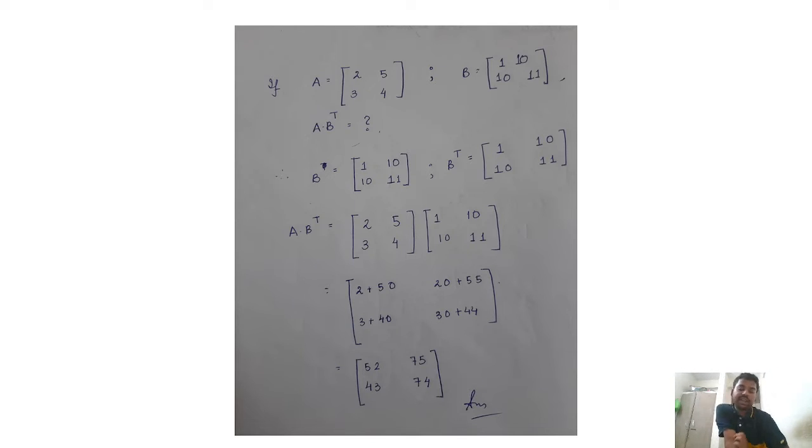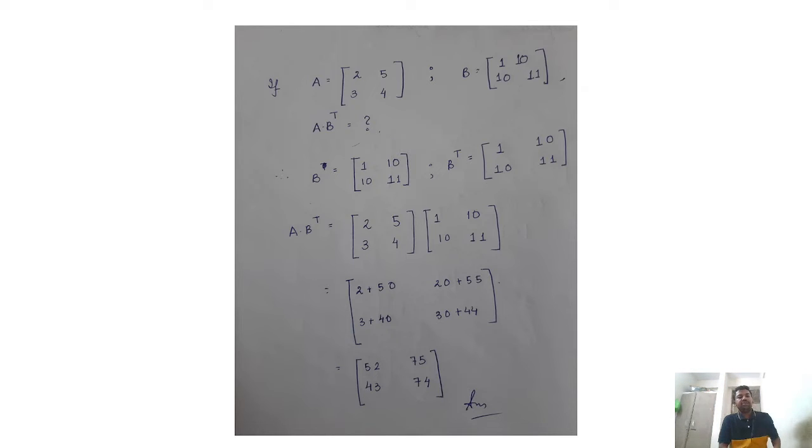Now, after finding the transpose of B, let us obtain the final answer to the question that's given to us, that is A into B transpose. So it is the multiplication of these two matrices. The content of the first matrix is 2, 5, 3 and 4, and the content of B transpose is 1, 10, 10 and 11. So multiply these matrices.